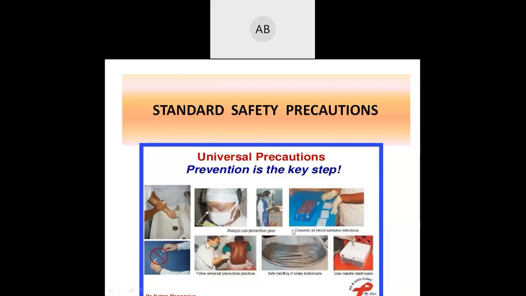In this figure you can see that normally we have to follow the universal precautions, which are also referred to as standard safety precautions. Sometimes they are also referred to as barrier nursing or barrier precautions.